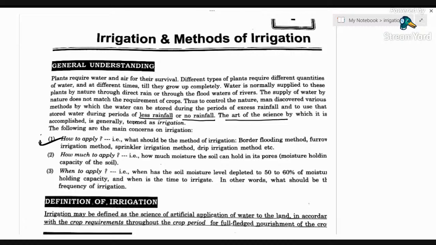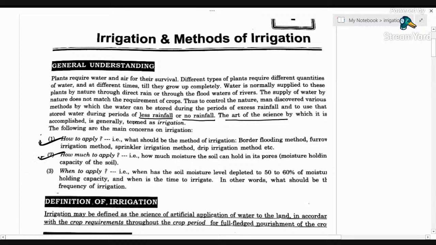That depends upon the soil moisture deficiency. How much deficiency is there in the soil moisture? Based upon that, we can decide how much we can apply. This is the second question.